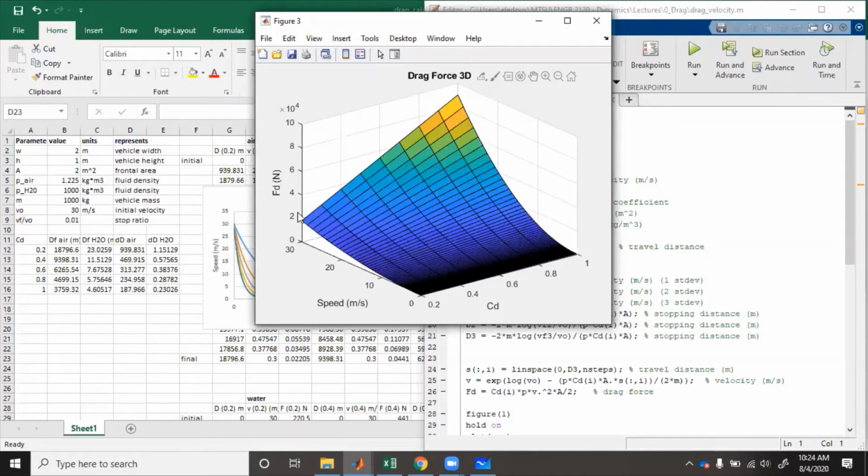And you can see that the drag force, which is on the vertical axis, is going to be 0 when the speed is 0, no matter what the drag coefficient is. Because if the object is not moving and the fluid is not moving, then there is no drag force. But as soon as the object starts moving or the wind starts to blow against it, as we can see here on the speed axis, then the drag force goes up really fast.